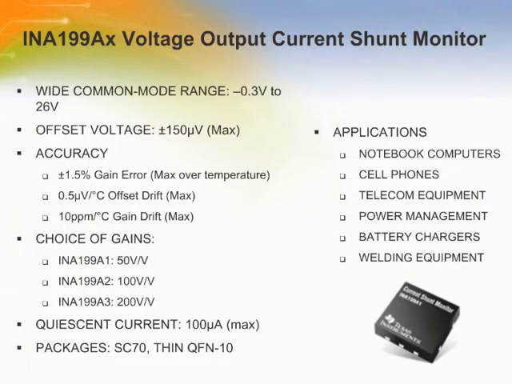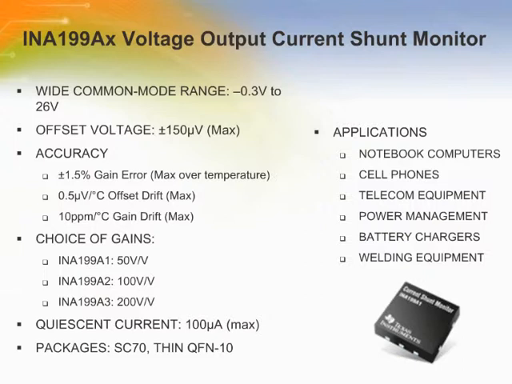The INA199A series of voltage output current shunt monitors can sense drops across shunts at common mode voltages from minus 0.3 volts to 26 volts, independent of the supply voltage. Three fixed gains are available: 50 volts per volt, 100, and 200 volts per volt.